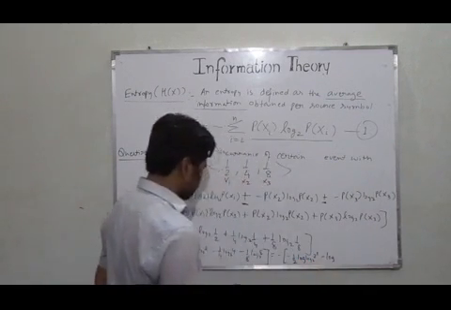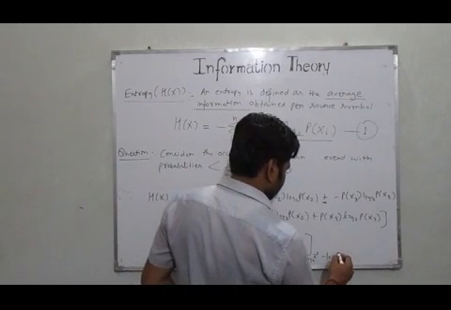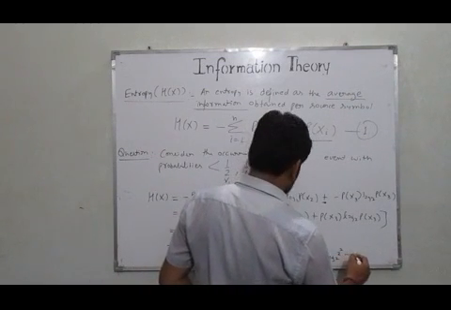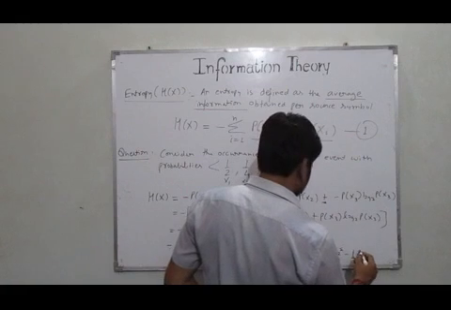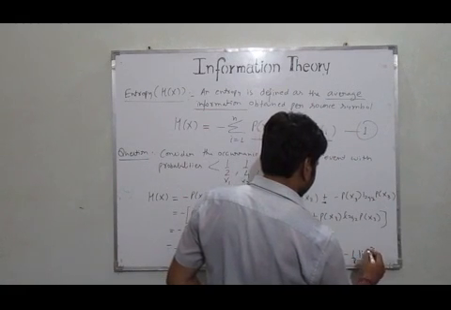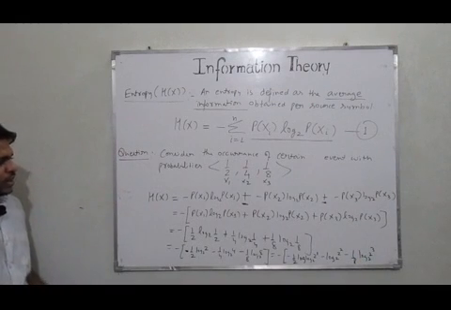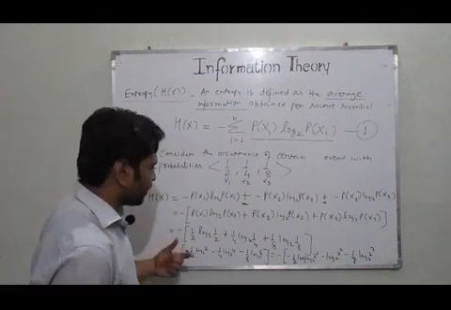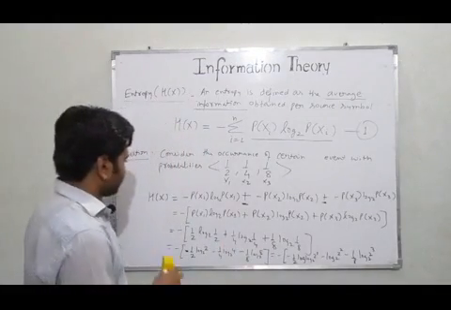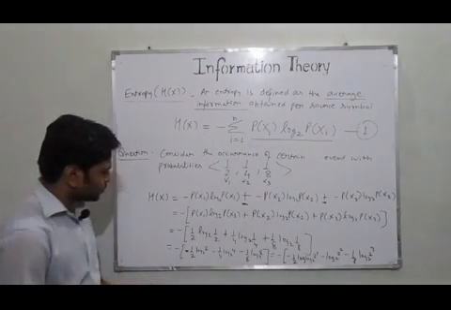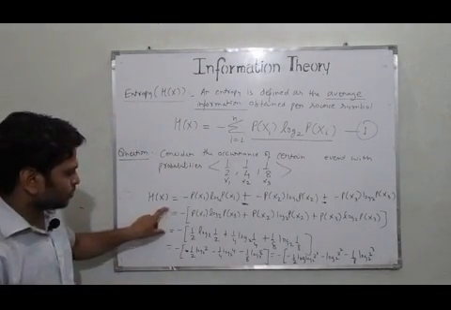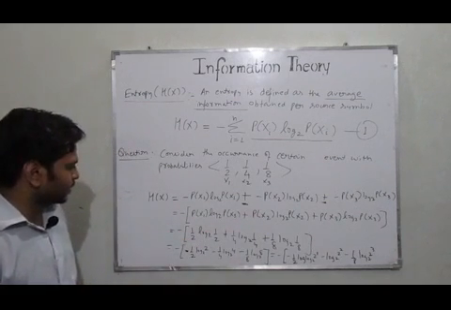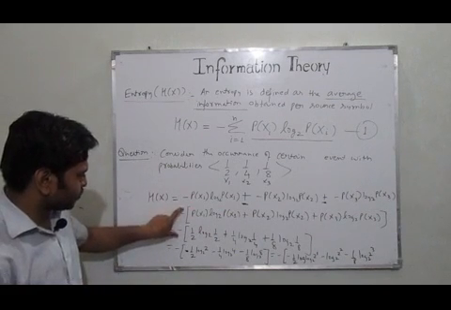Similarly log 2 raised to the power 2 in order to obtain this 4, and 1 by 8 log 2 raised to the power 3. Fine. I think it may not be visible for you, so I will try to write in a larger font. So I just want to rub these two sections. Fine. So if you are noting this thing, please note it as quickly as possible so that I can rub these two portions.